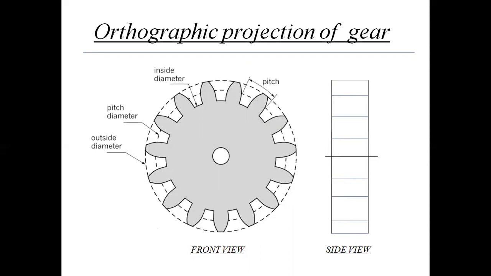By different manufacturing processes, the material is removed from the surface of the teeth. The diameter of the circular disc you can see in the front view, and the width or thickness of the gear you can see in the side view.